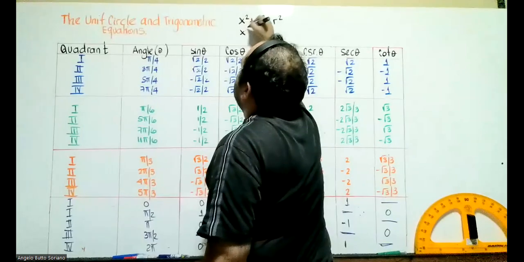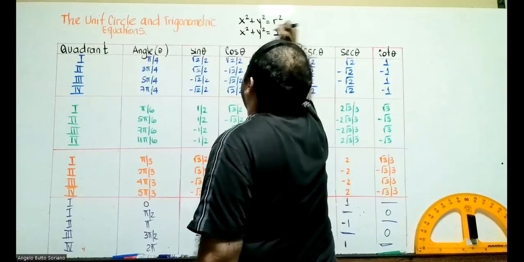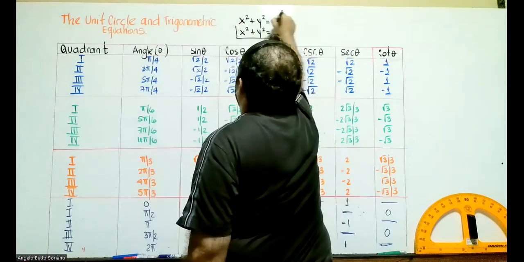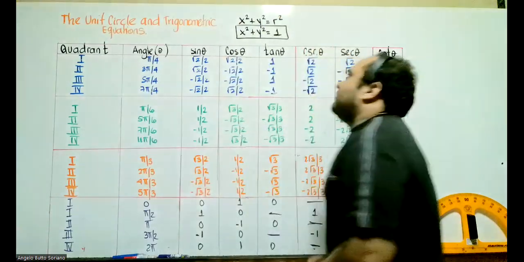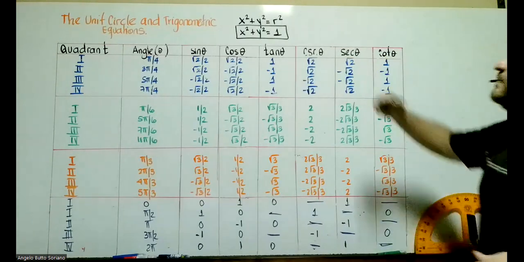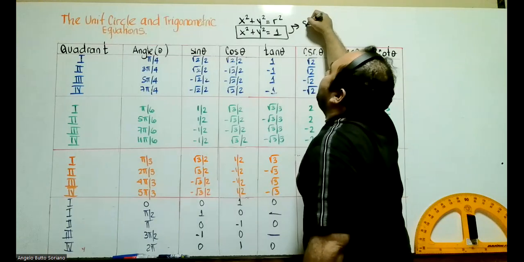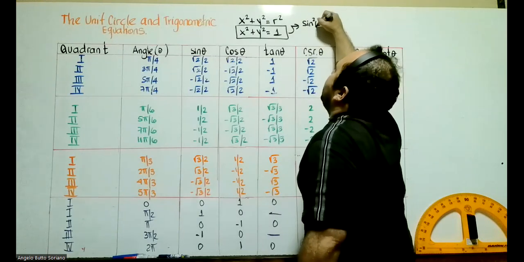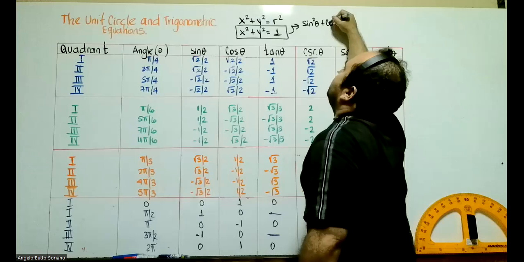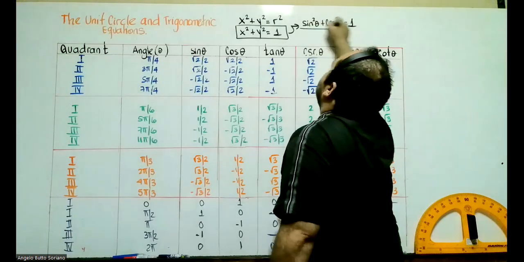For that reason, the general equation of the unit circle is given by x squared plus y squared equals 1. The same happens with the Pythagorean theorem. If you remember, the Pythagorean identity is derived from the unit circle: sine squared theta plus cosine squared theta equals 1.